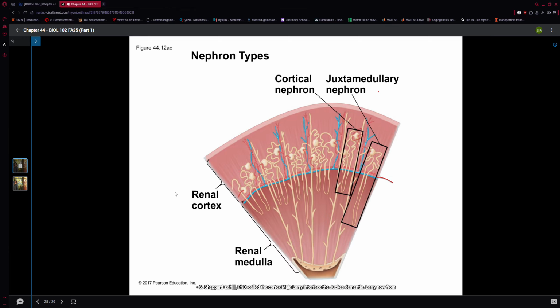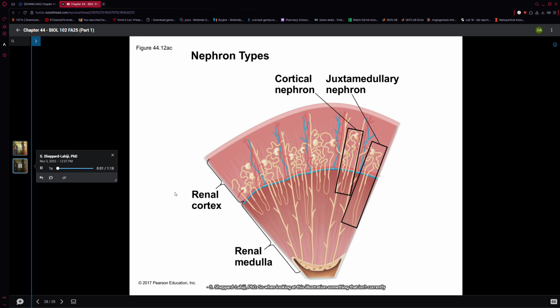The juxtamedullary nephron plays a pivotal role in the kidney's ability to produce concentrated urine, which is a concept we'll talk about in a little bit. And this process helps to conserve water. Now, the juxtamedullary loop, when we compare it to the cortical nephron loop, is significantly longer. So we have a much longer nephron loop here. And when we take a look at the glomerulus, it's a little bit closer to the cortex-medulla interface.